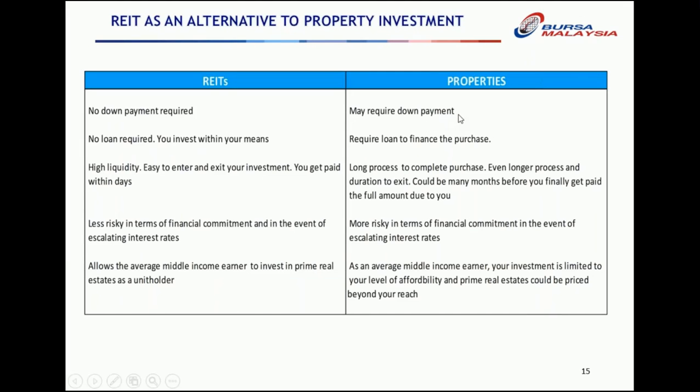Properties, some may require a down payment, some may not, but if you are looking at properties in excess of a certain limit here, I think more than 500K or near towards 1 million, the bank would not give you that kind of loan as high as last time, like 90%. Maybe they'll give 70 or 80%, which means you still have to come up with a substantial amount of money as a down payment. With REITs, no loan is required, you invest within your means.